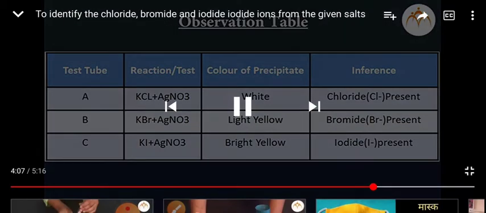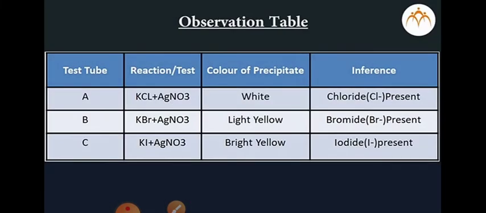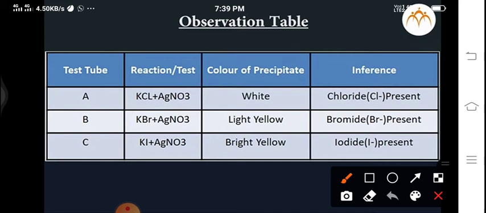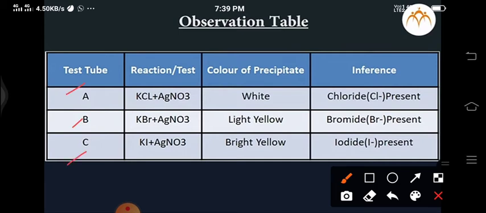So here is the table: test tube A, test tube B and test tube C. The reaction is this: potassium chloride reacts with silver nitrate, and we get a white precipitate. So we can say the inference is that chloride is present. White color precipitate means chloride is there.